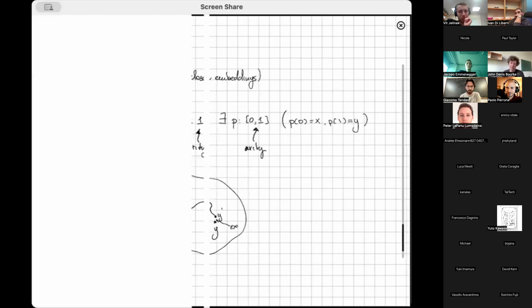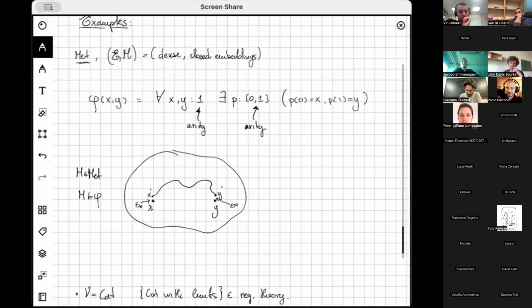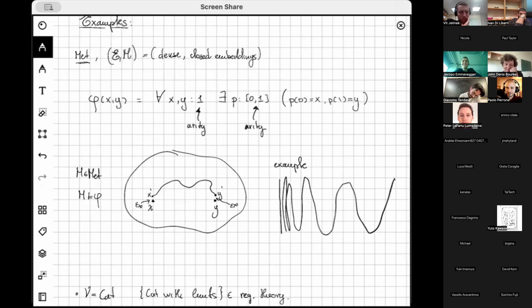These are sometimes called almost connected. An example of this is the usual counterexample for a connected space that is not path connected. I will try to draw it, but I will fail miserably. It's sine of 1 over x. It's x sine 1 over x for x greater than 0, together with 0 times the interval from minus 1 to 1.